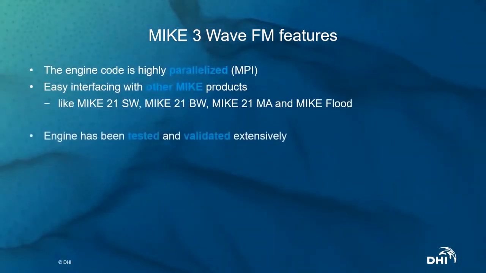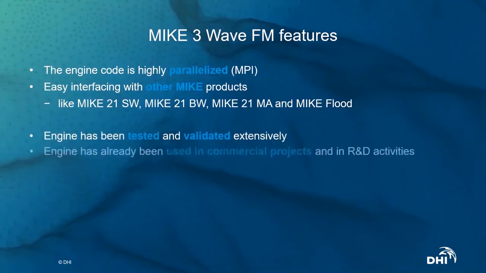Talking about computational speed, the MIKE 3 Wave FM is highly parallelized using an MPI system. It has an easy interface with other MIKE projects such as MIKE 21 BW, MIKE 21 SW, MA, and MIKE Flood. You have the capability of introducing this when you are trying to downscale some results.